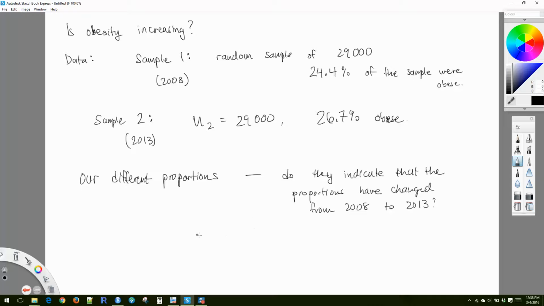Or could the proportion in the population still be the same, unchanged, and we just happen to get random samples with different proportions?